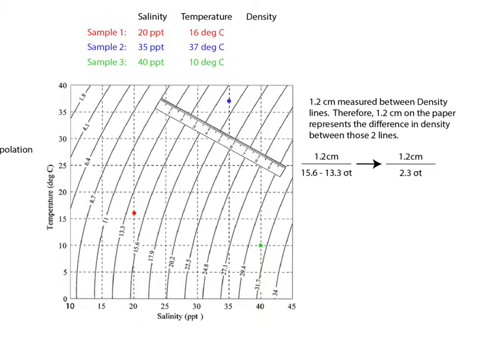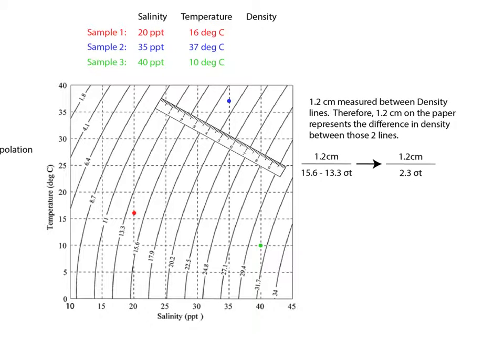So that's what I've written over here on the right. 1.2 centimeters on the paper represents the difference in density between those 2 lines, which are 13.3 sigma t and 15.6 sigma t. And so 1.2 centimeters on the paper represents 2.3 sigma t in our density scale. So that completes our interpolation calculation.